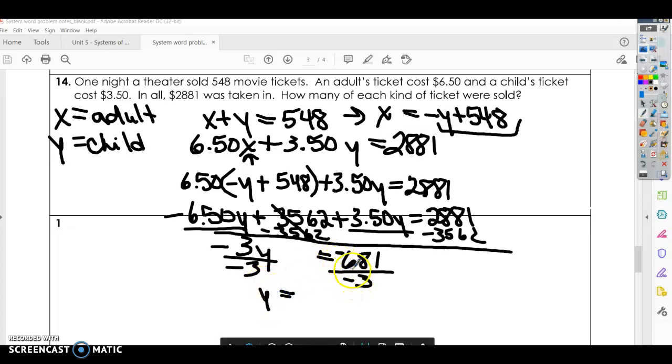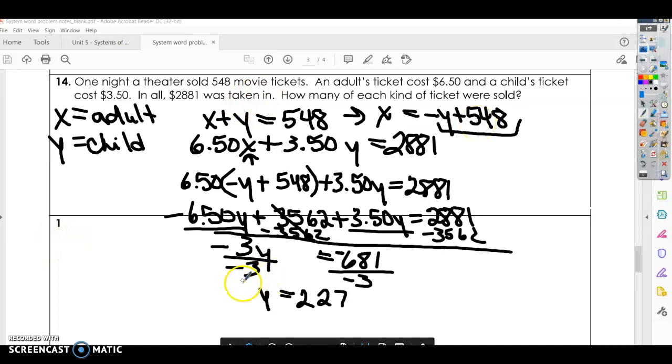Divide by negative 3. Negative divided by negative is a positive. So this would be 3 goes into 6, 2. 3 goes into 81, or 3 goes into 8, 2, 7. Alright, so y is 227, and then I need to plug that in one of our equations.